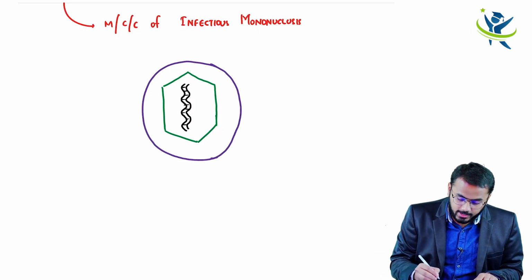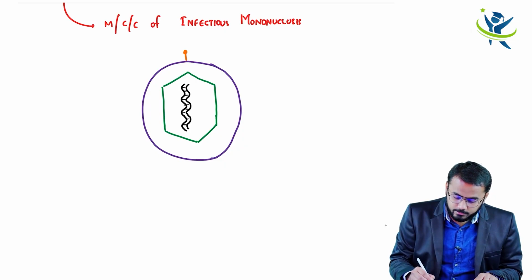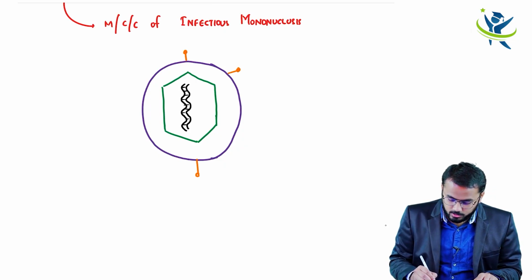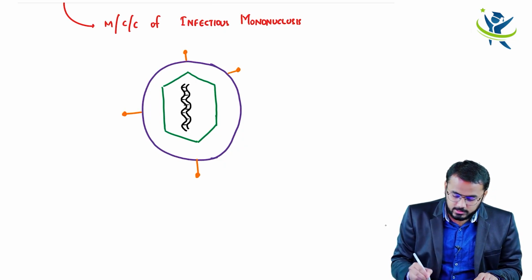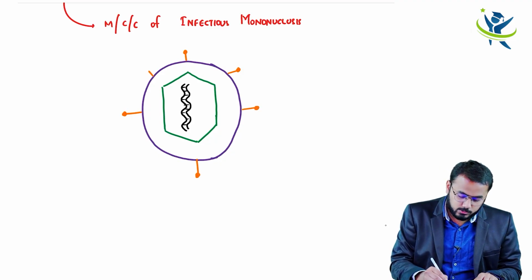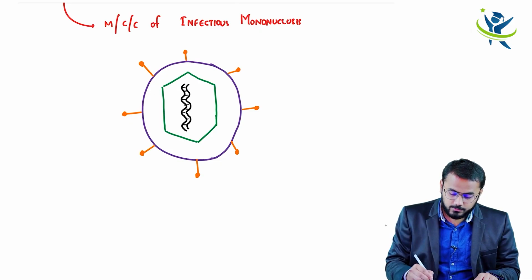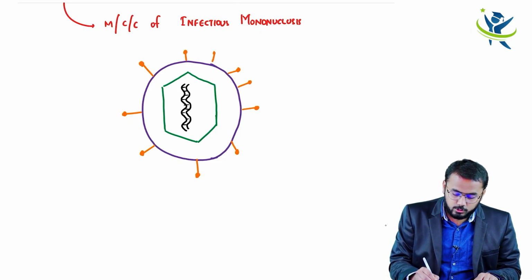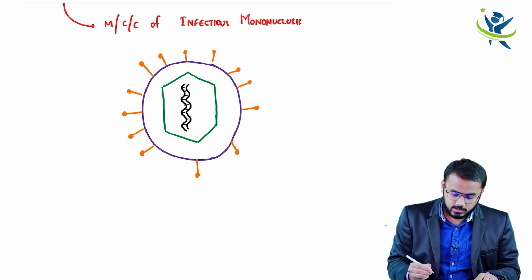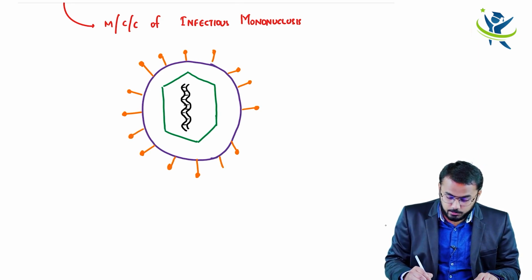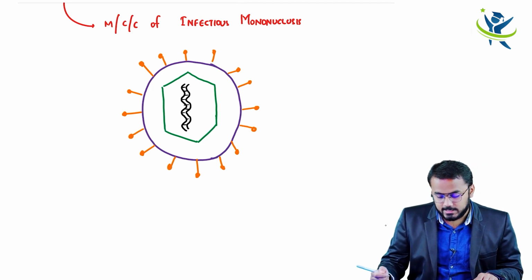Next important thing is that you have also got some projections like this coming out of this virus. Can anyone name what these projections might be? First of all, do you call them projections or what? What is the other name for this? These are called spikes. And what spikes are these, guys?